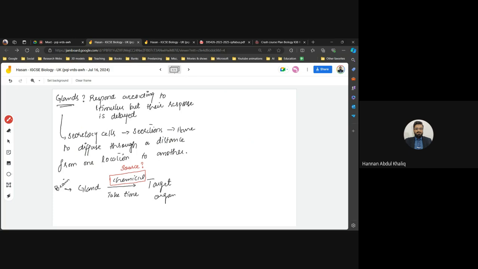Can you guess, if there is an organ in your brain that is a gland, what is the property of a gland? The property of a gland is to release chemical, to secrete chemical. My question is, a gland secretes a chemical. How do you suppose that it would be reaching the target organ? What would be the source of transfer?